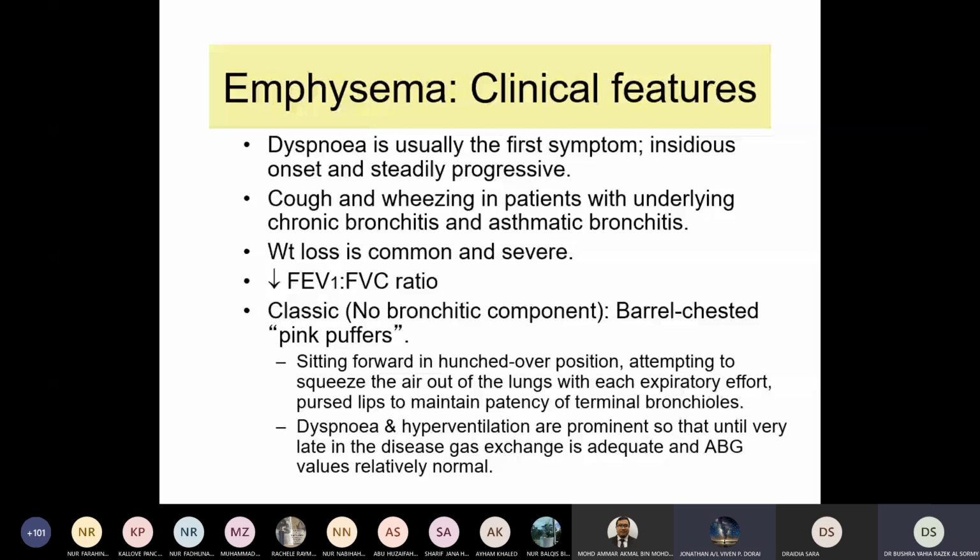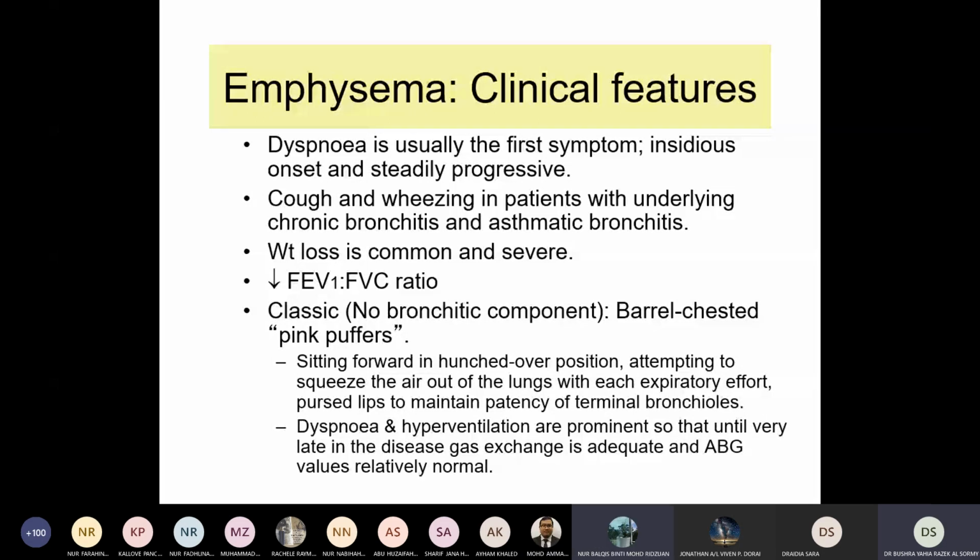So the ABG results in this case are normal, and also because of low cardiac output, the disease develops, leading to muscle wasting and weight loss. Okay.